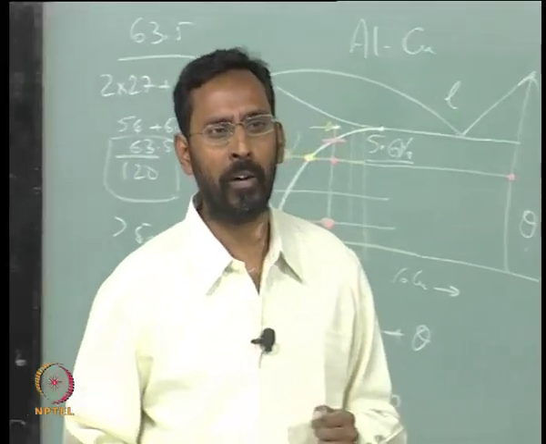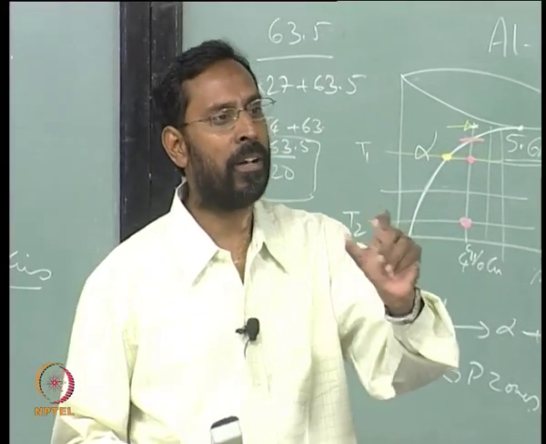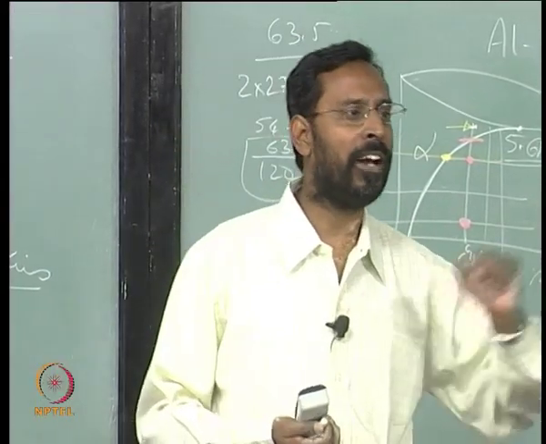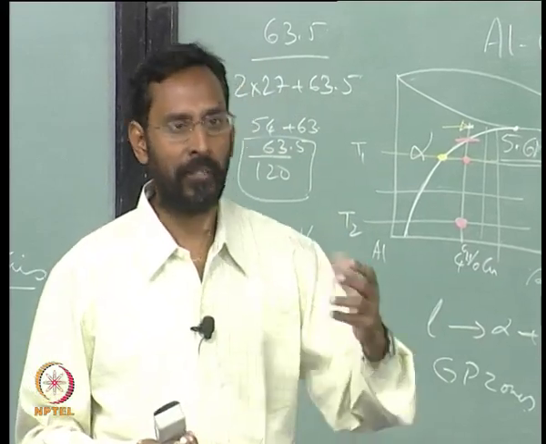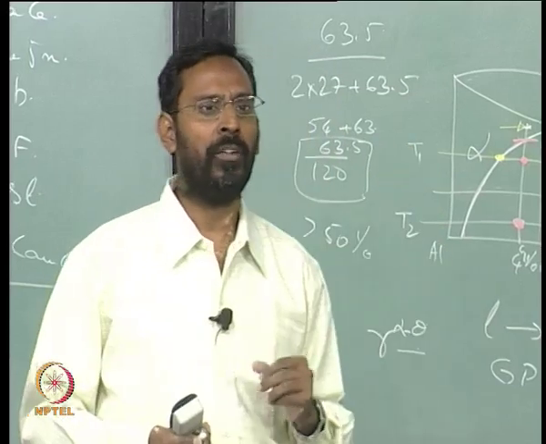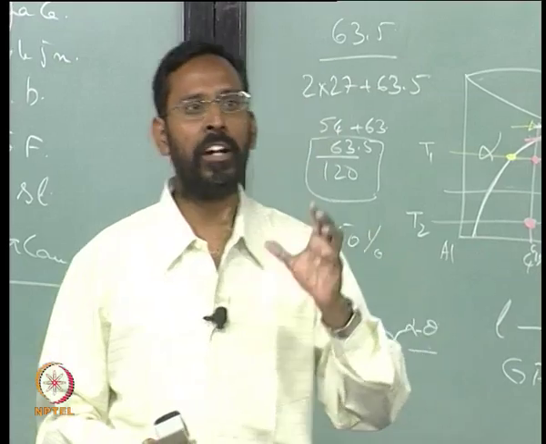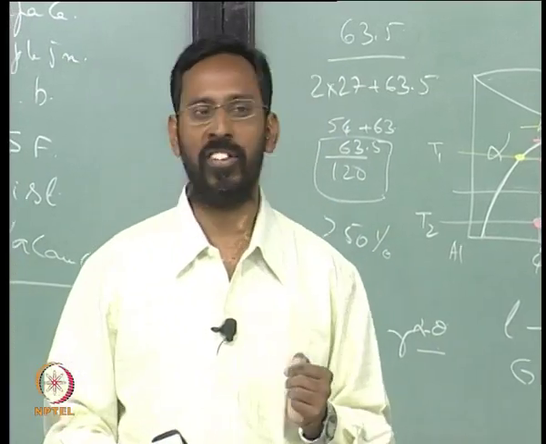The only problem now is the strain energy. Why? Because the lattice parameter of copper is different from the lattice parameter of aluminum. There is definitely some strain. So it will choose that particular shape which has the lowest strain energy.